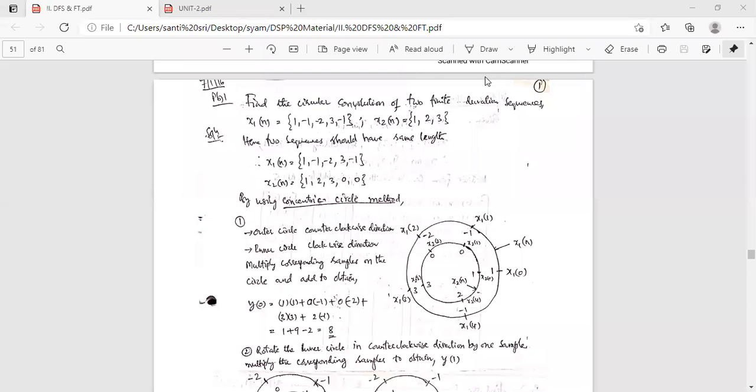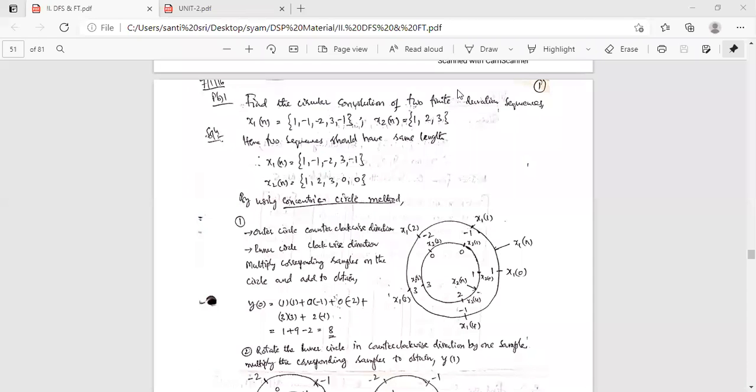So here it is x1 of 0, that is 1. Next x1 of 1, that is minus 1. Then x1 of 2 is minus 2. Like that, it will be arranged in counterclockwise direction.